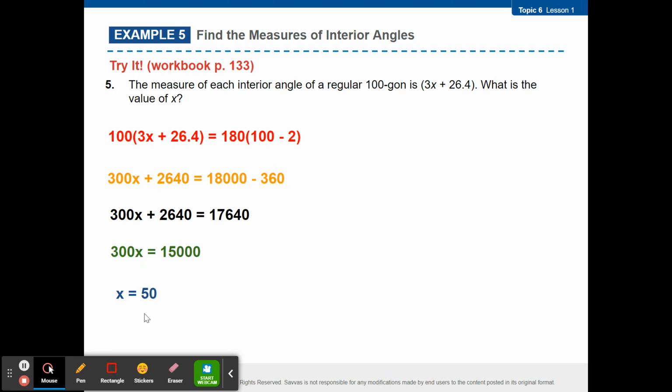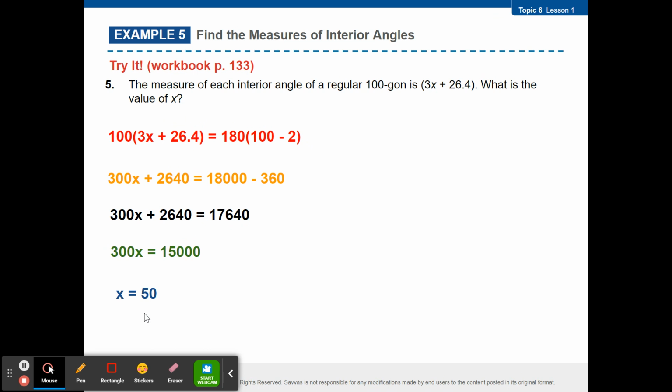And that's it. Now the question here is, is this a 50-gon? No, we just solve for x. What is x doing? Why am I solving for x? What is that going to get me? The only reason I'm bringing this up is because there's something like this on your test.